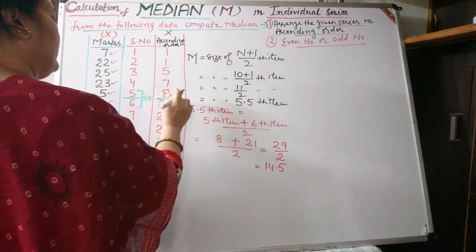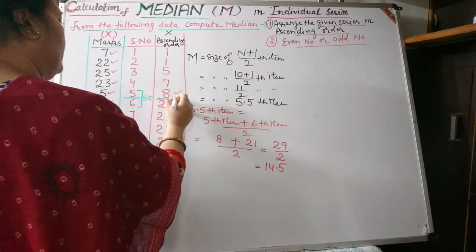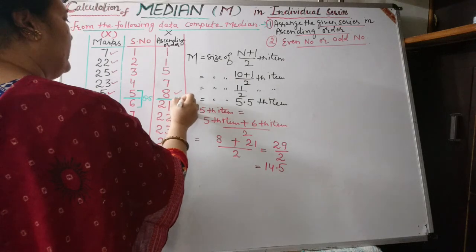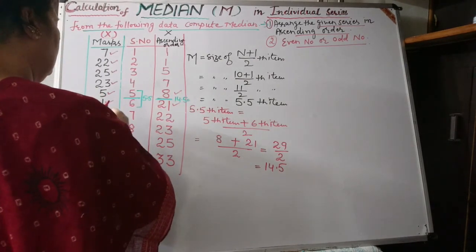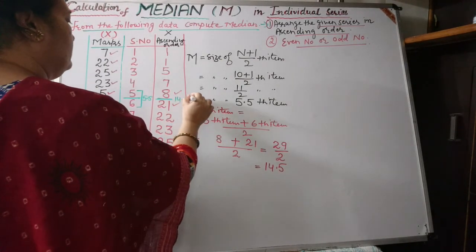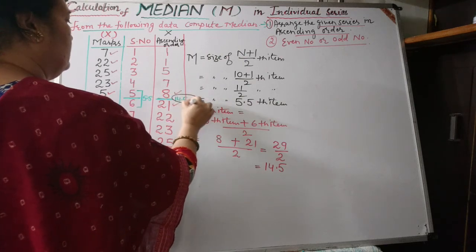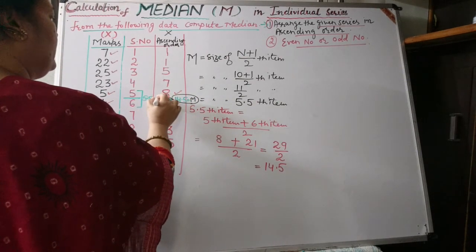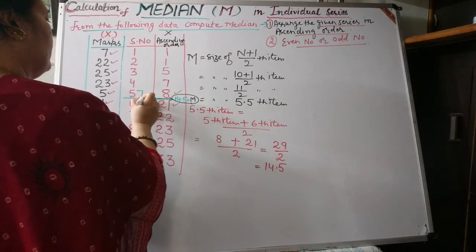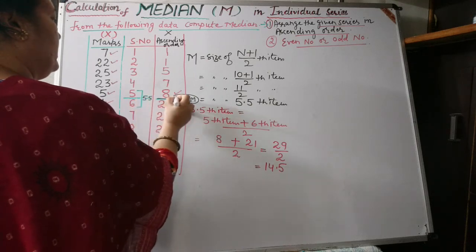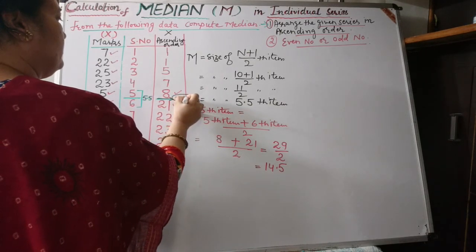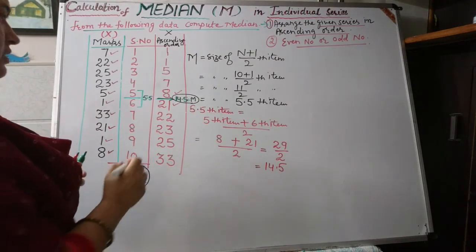So 14.5 will be the value of median. The 5.5th item will be 14.5, and this is the value of median.